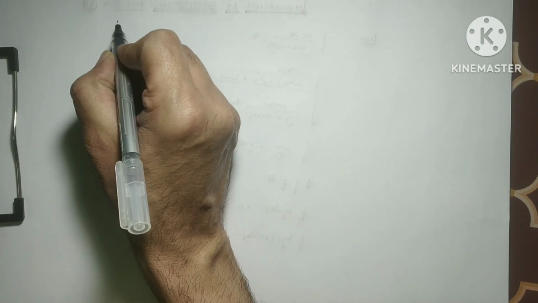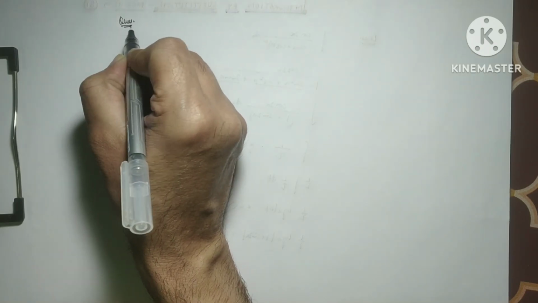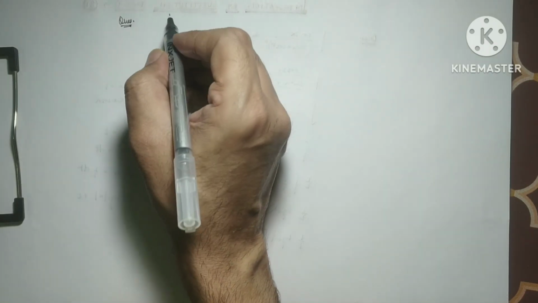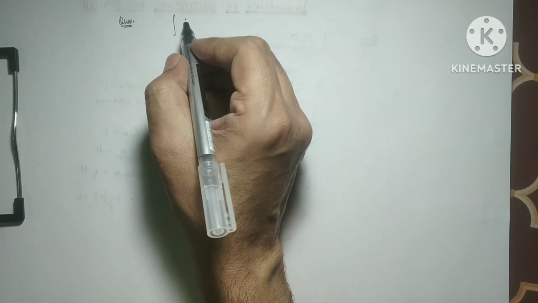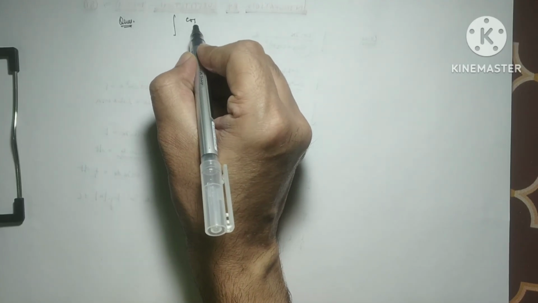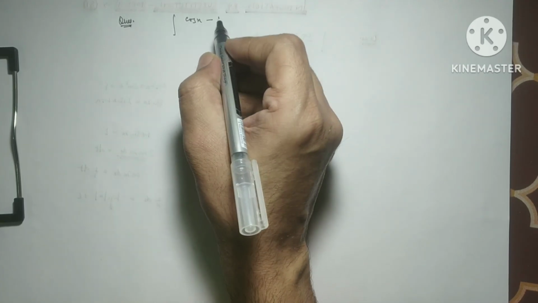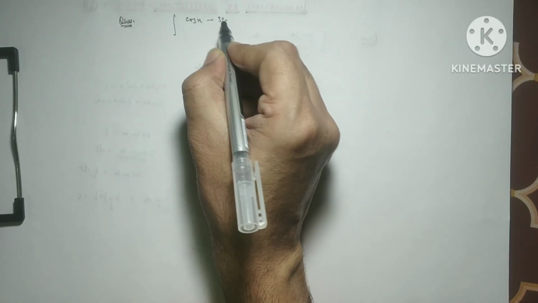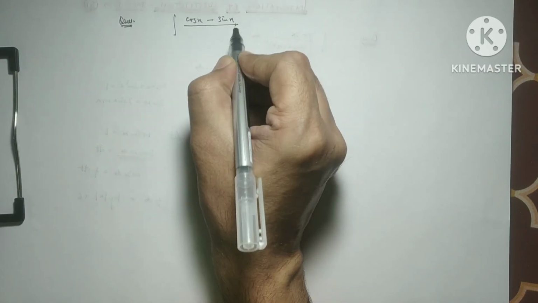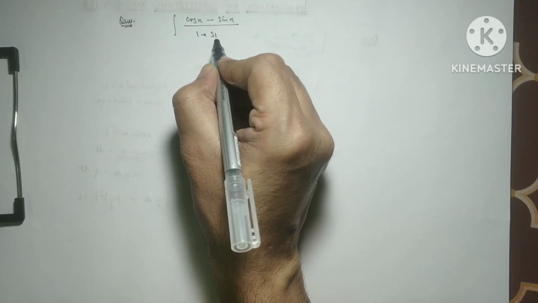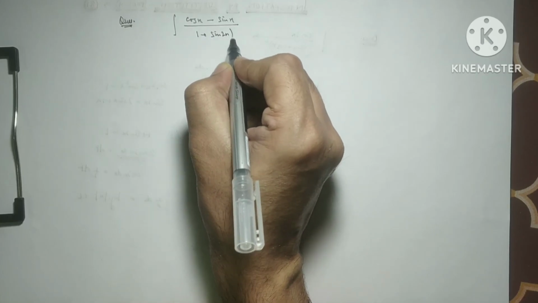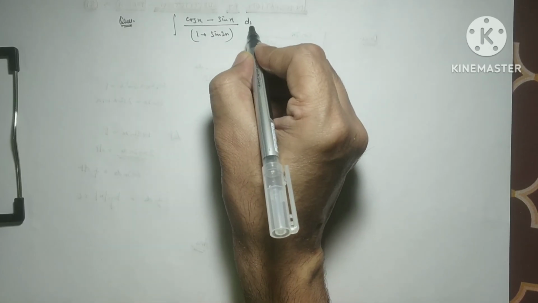Now next question. So the next question is kind of a similar question, but there is a slight difference. So we have cos x minus sin x over 1 plus sin 2x. Again the same situation, but in reverse manner.